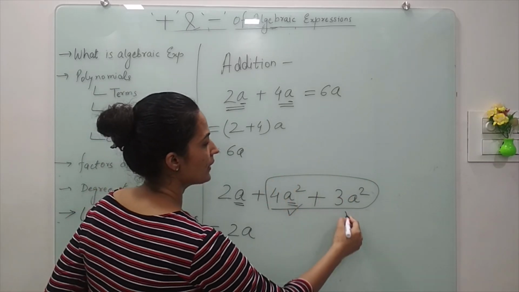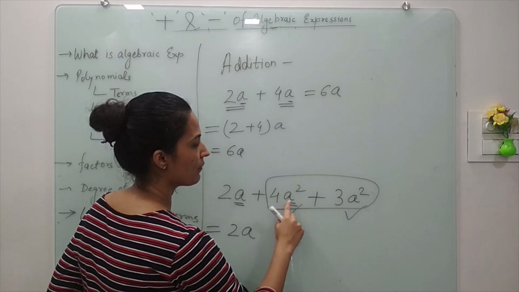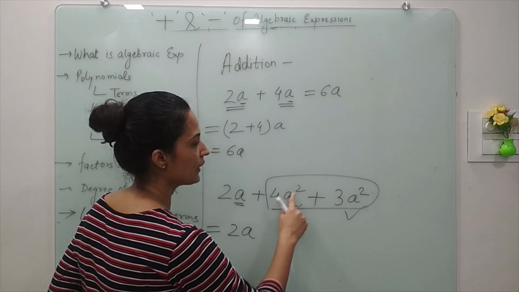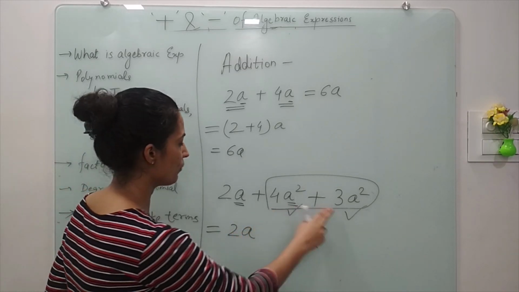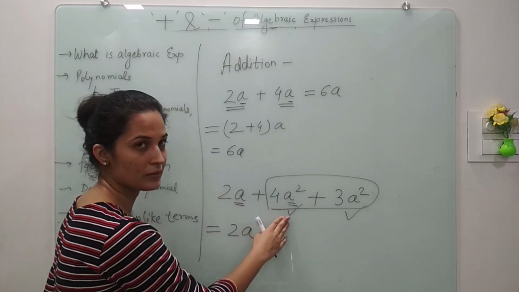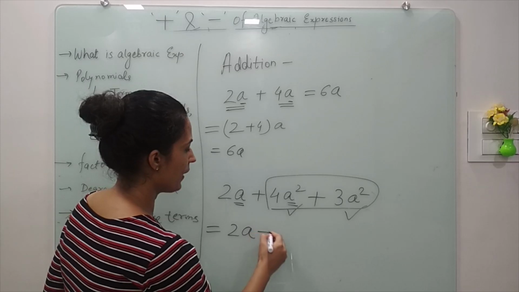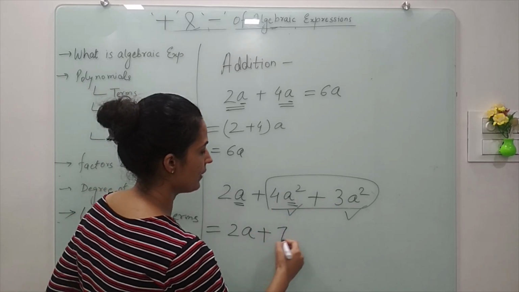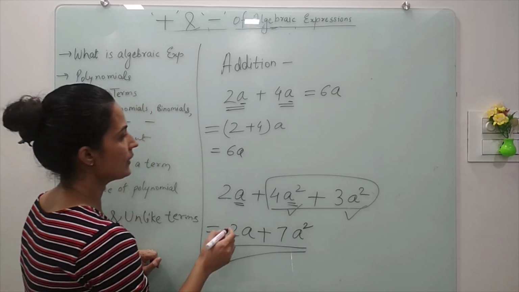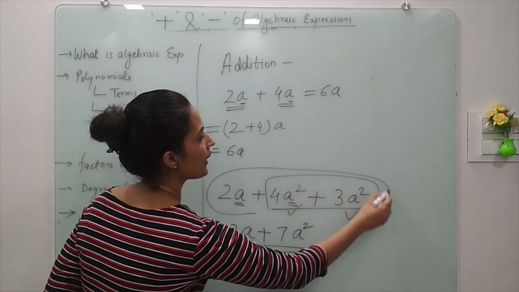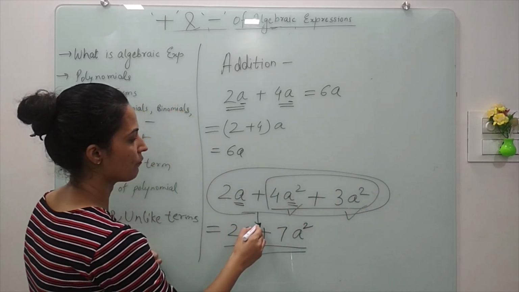These two are like terms because they have the same variable a and the degree of this variable is also the same. So I can add these two, but I cannot add this one to this. So that means 2a plus 4 plus 3 is 7, 7a square. So this is how I can write this particular algebraic expression in a simplified manner.